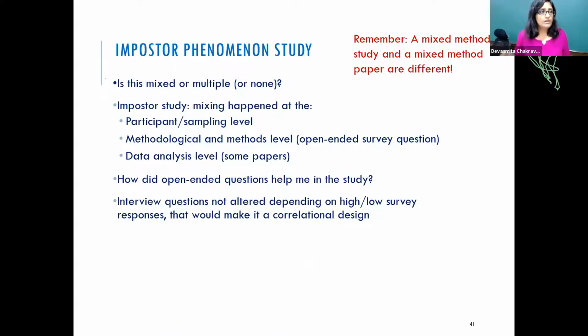Quantitative was more to make sure that someone who says they feel like an imposter doesn't get a low score, like 20, which is low imposter. So it was a confirmatory result that people who said they feel like imposters actually stood somewhere between high and intense levels of feeling like an imposter.